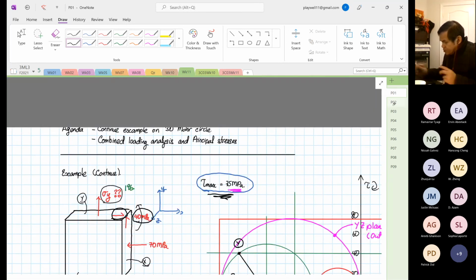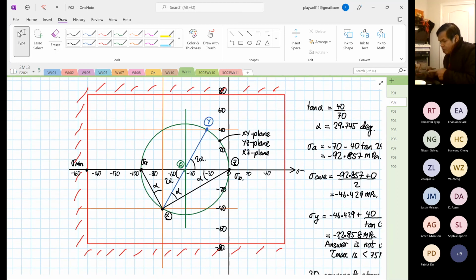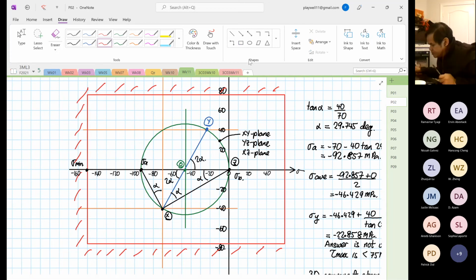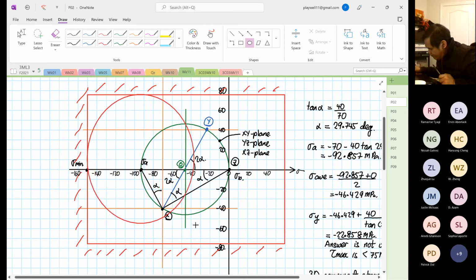So constructing this Mohr circle is also correct, but what is missing, I'm going to draw in red, is the principal stresses. One of the circles failed to reach it. So this circle was not there.